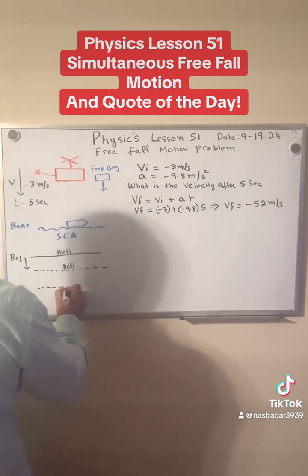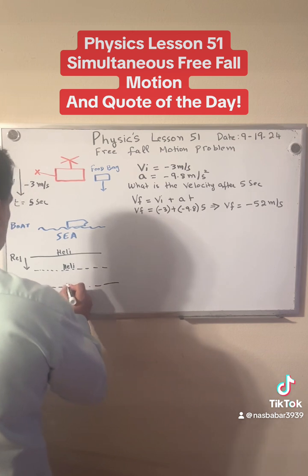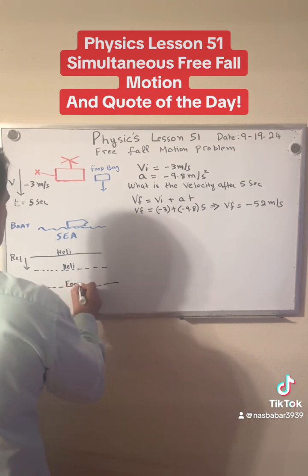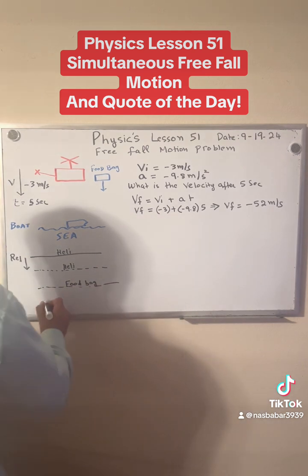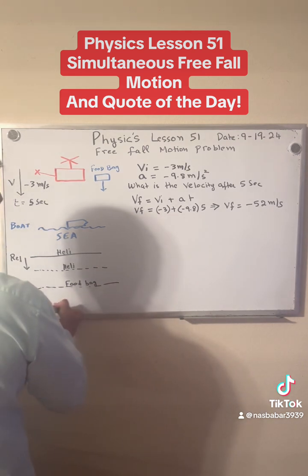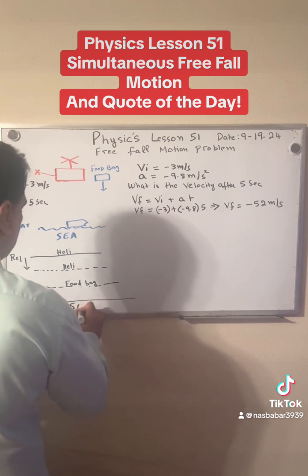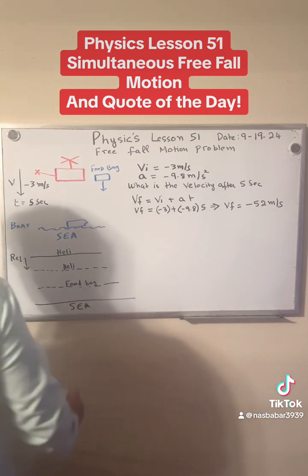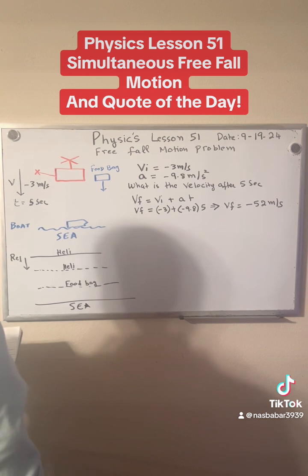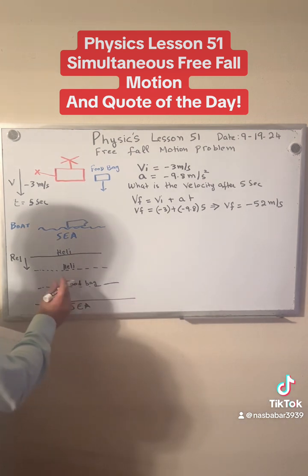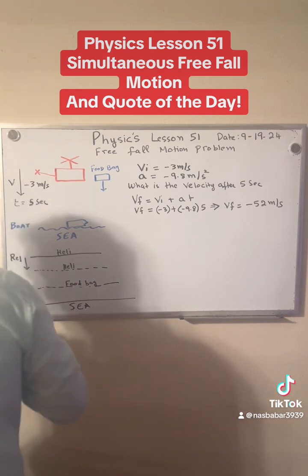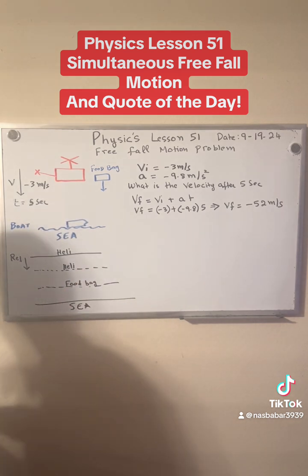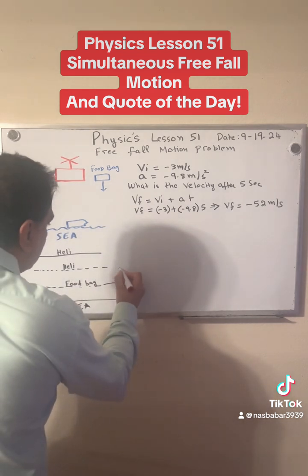So let's say this is the position of the food bag, and then basically you have your sea right here, ocean or sea, whatever you want to consider. Now what they've asked is, how much distance is the food bag away from the helicopter? So they're asking you about this distance right here.